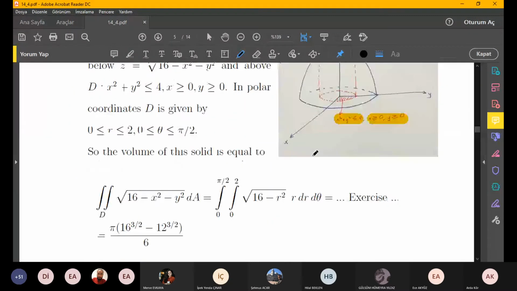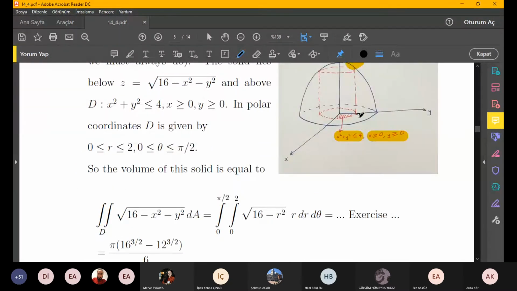So if you suppose this is the region D, so it can be represented in polar coordinates, okay, as r in between 0 and 2, and theta, since it is a shaded area in the first octant, it has to be from 0 to pi over 2. Okay, so let's close it.